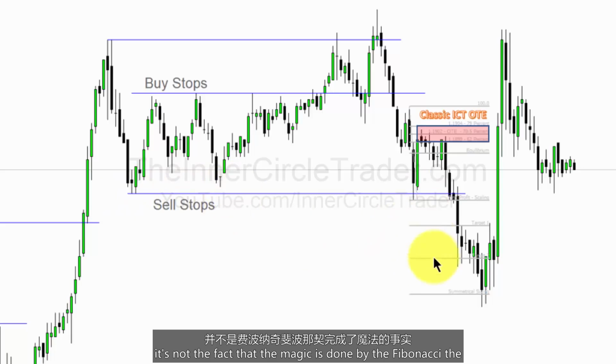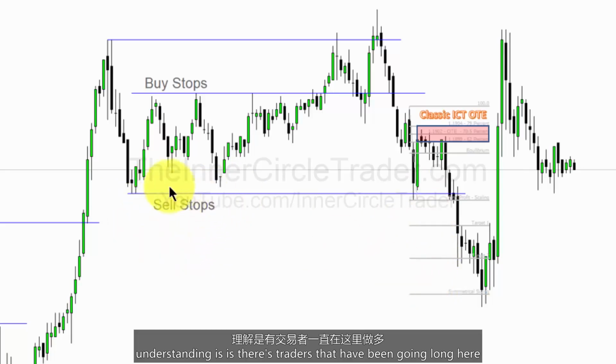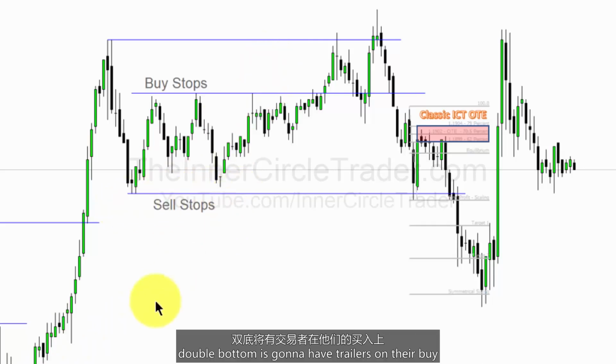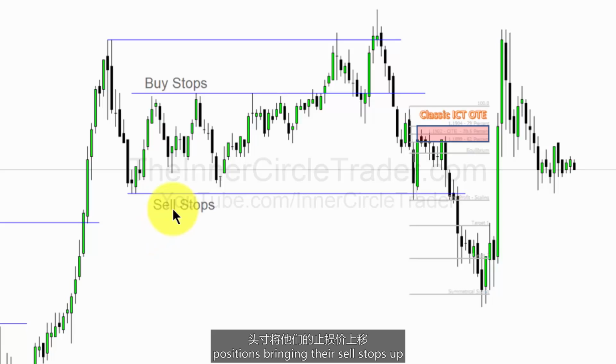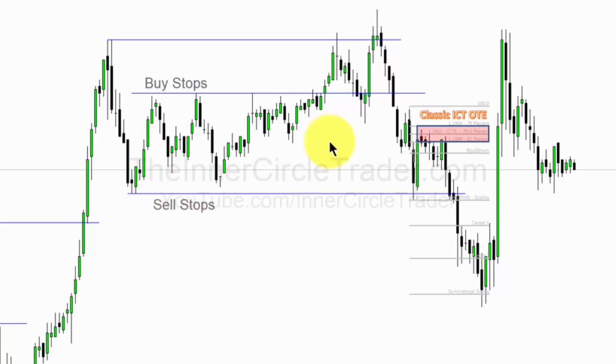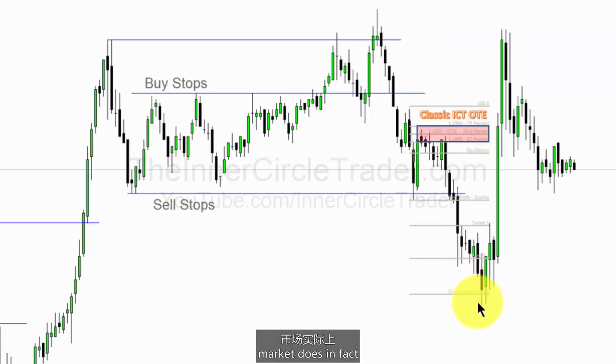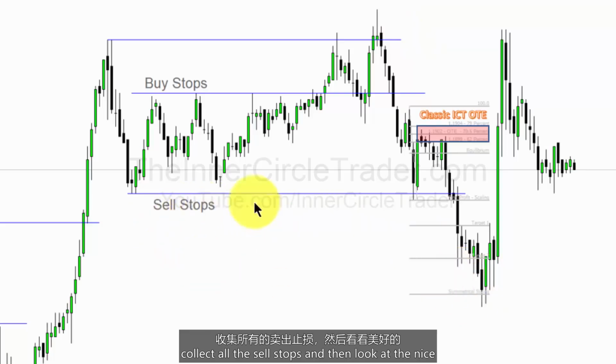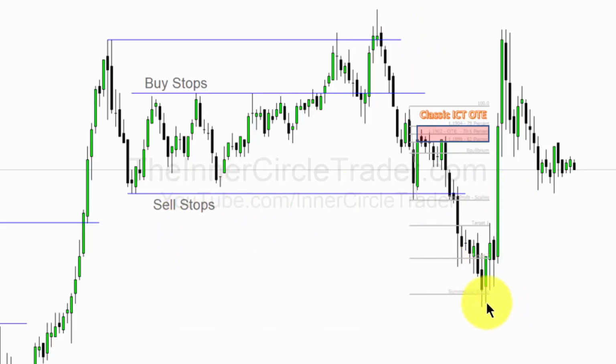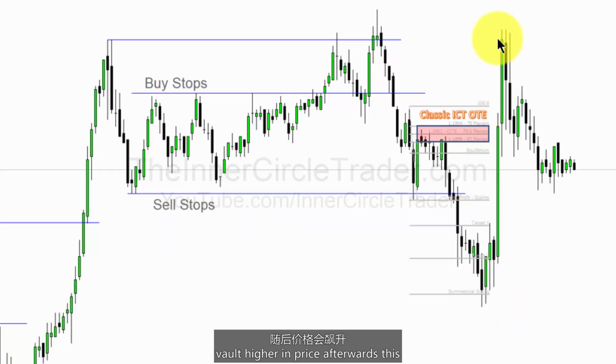So it's not the fact that the magic is done by the Fibonacci. The understanding is there are traders that have been going long here. A double bottom is going to have traders with trailing sell stops on their buy positions, bringing their sell stops up. So the market's going to come back and grab those orders. The market does, in fact, collect all the sell stops, and then look at the nice vault higher in price afterwards.